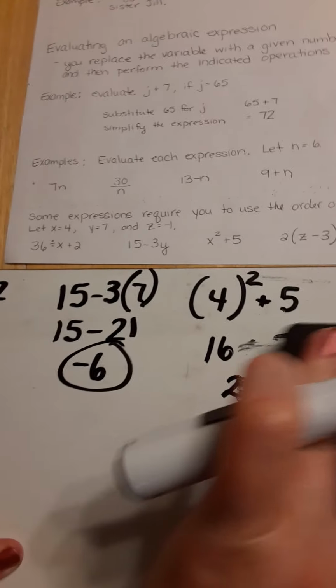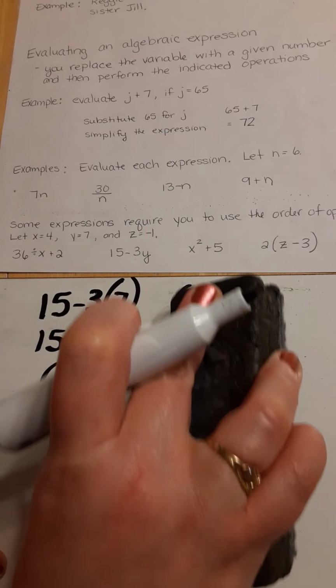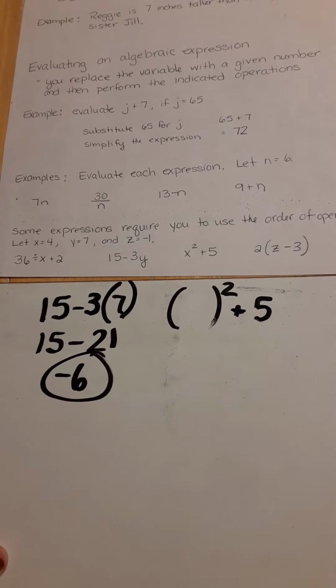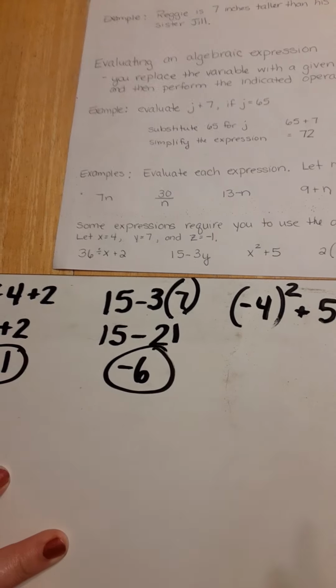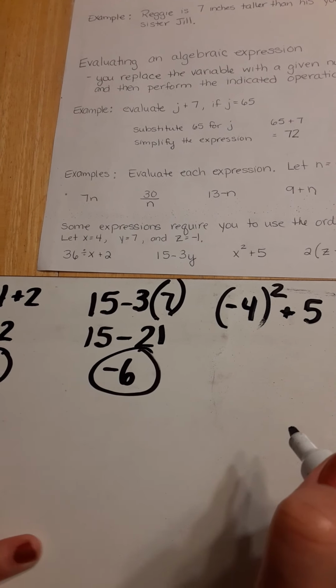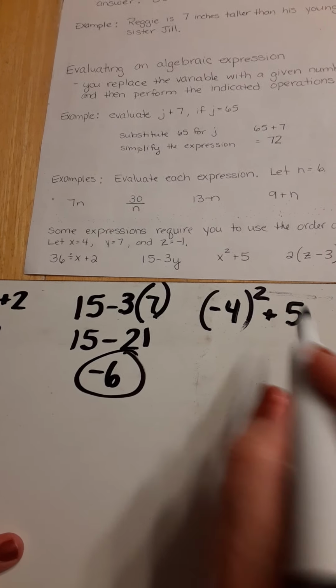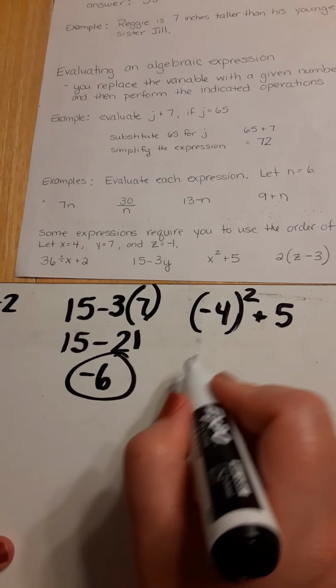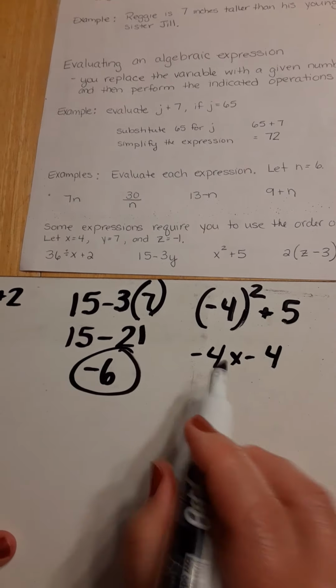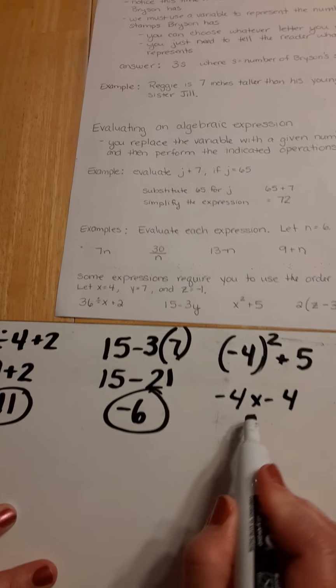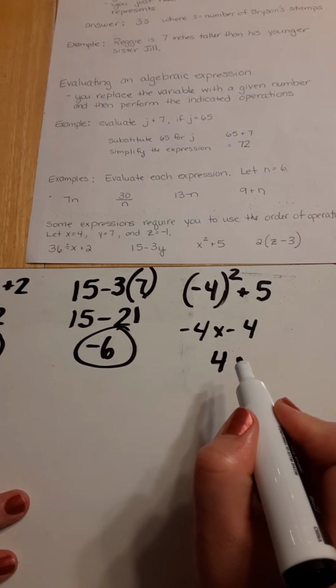Now, let's say instead of a positive 4, my x was a negative 4. This is where we have to be very careful, because this square means I'm truly doing negative 4 times a negative 4. What happens when I multiply two negatives? It becomes a positive.